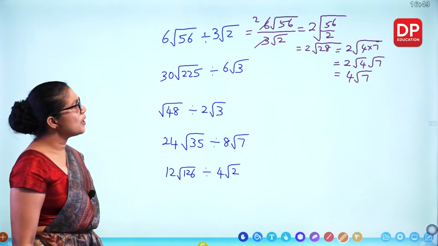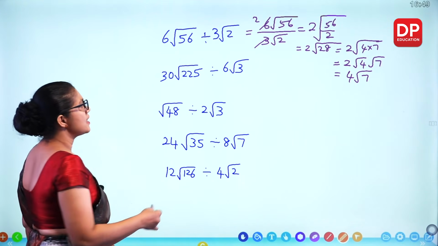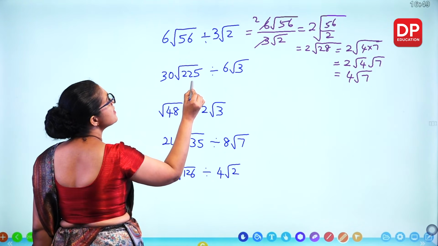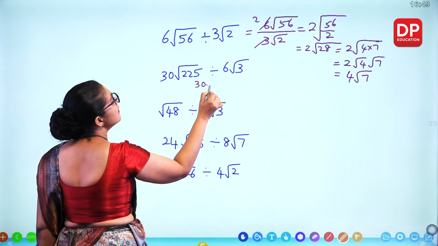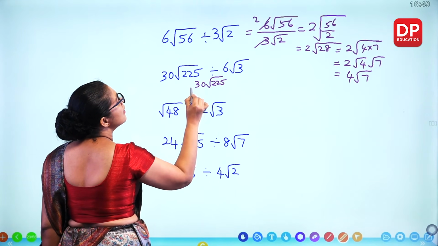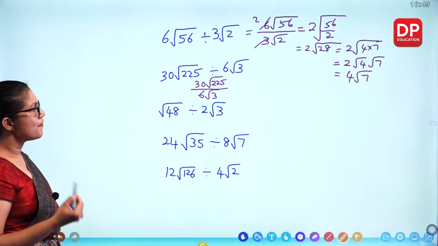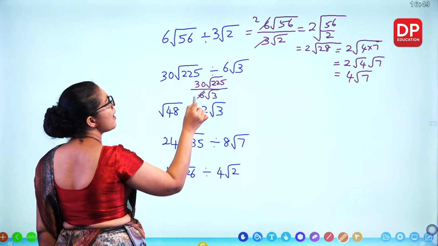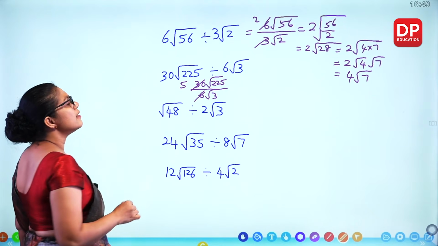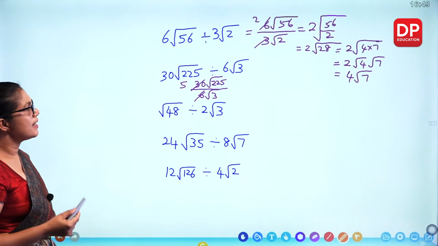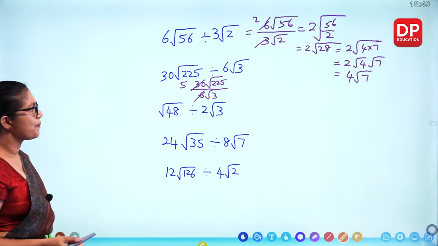Now we'll look at this one. Use the same procedure. You can rewrite the division as a fraction. Then simplify the whole number separately. 30 divided by 6 is 5.